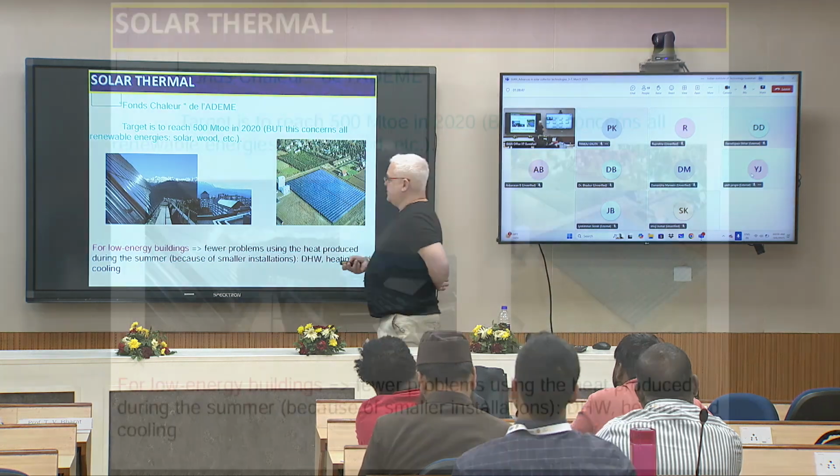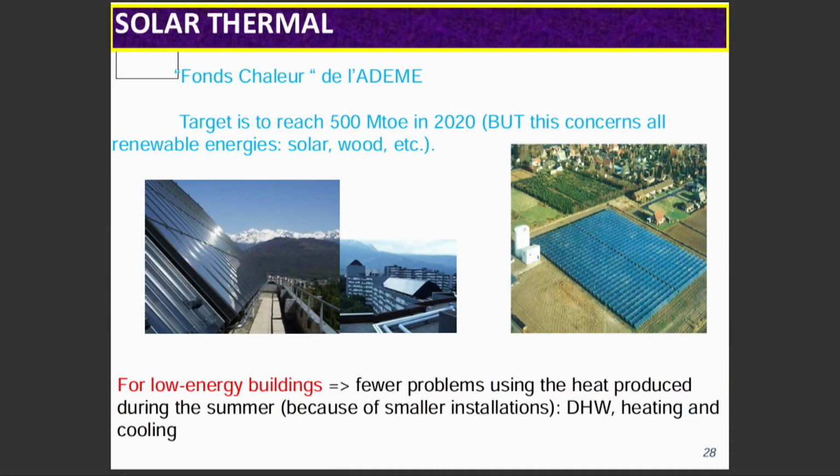Okay, some example in Grenoble near Savoie. So it's well developed, solar thermal for social apartments, because it allows to decrease the charges of the people that are inside if you can heat like this. So it's a nice installation of solar thermal for social apartments.